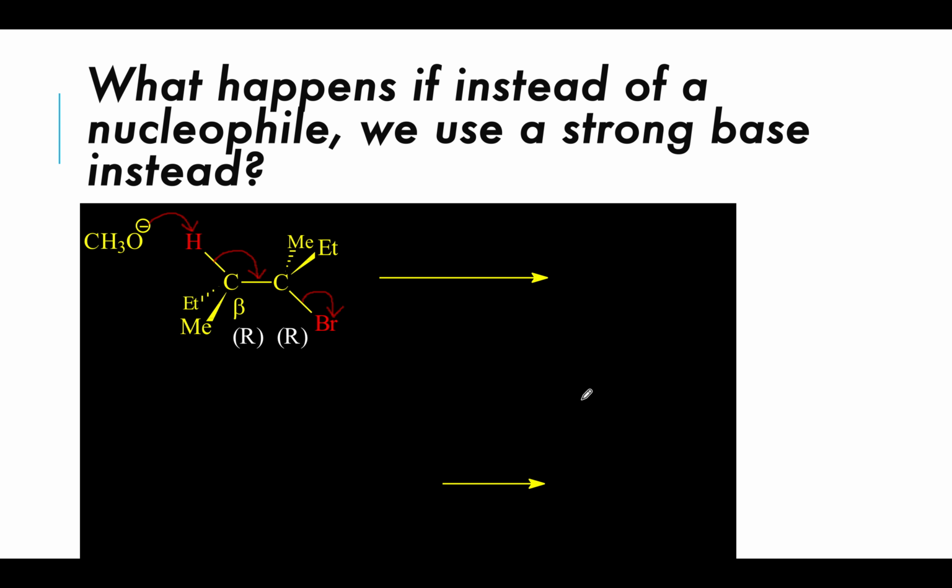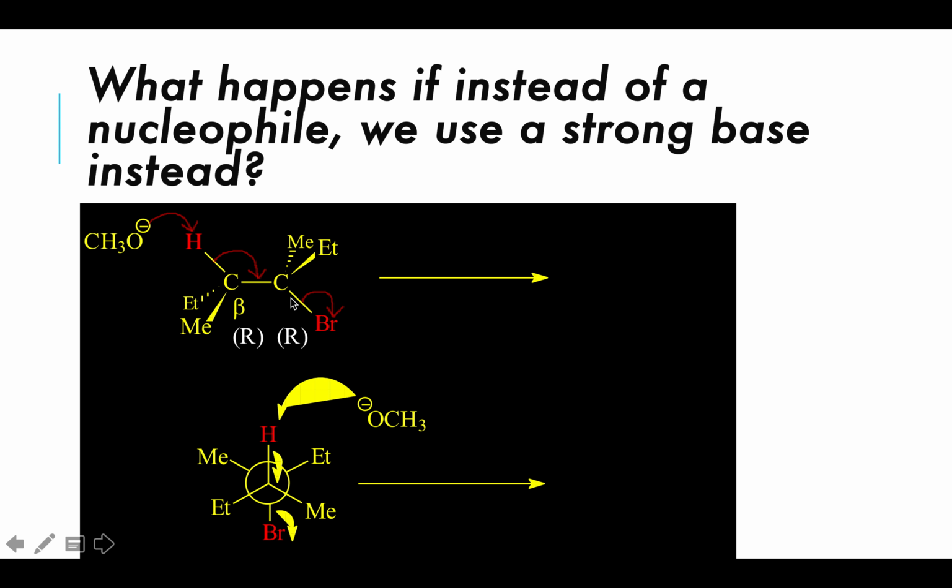Now, again, recall, for an E2 reaction to happen, we need to have a very special type of stereochemistry that we call anti-periplanar, anti-coplanar stereochemistry. And I said when doing an E2 reaction, it's very important that you use Newman projections. So you draw your Newman projections.